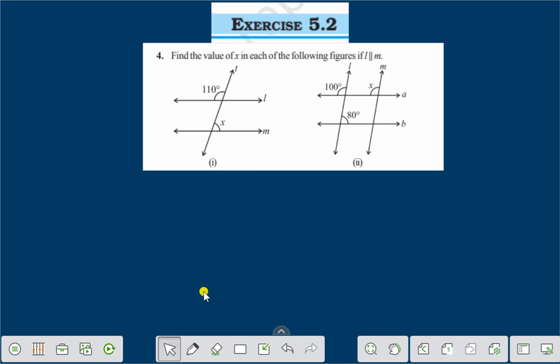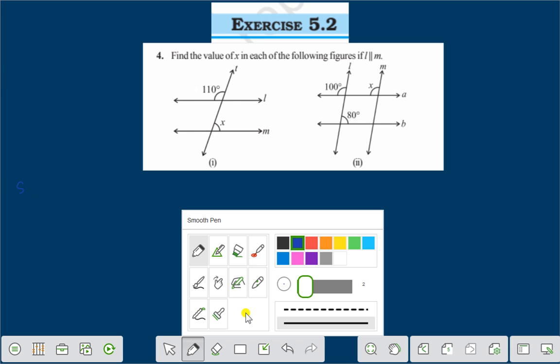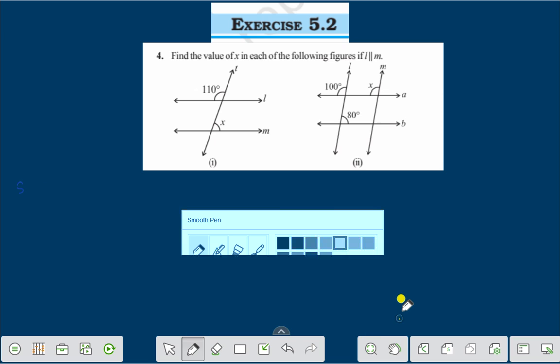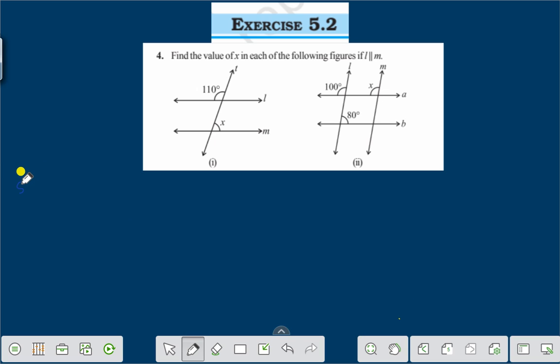L is parallel to M. Here you find that for figure 1, we can solve in this way.